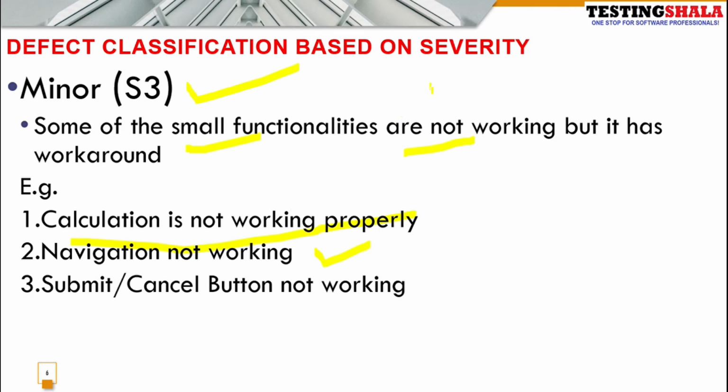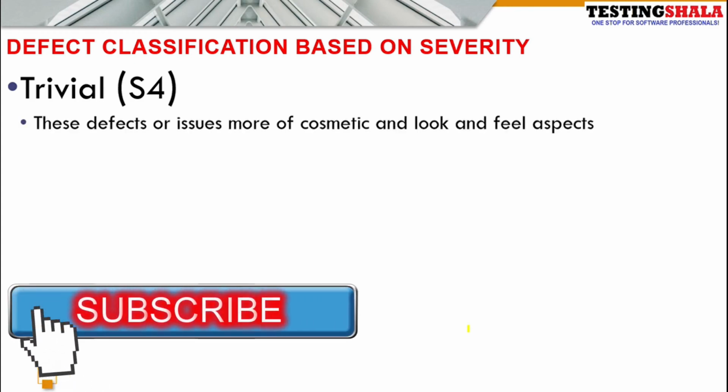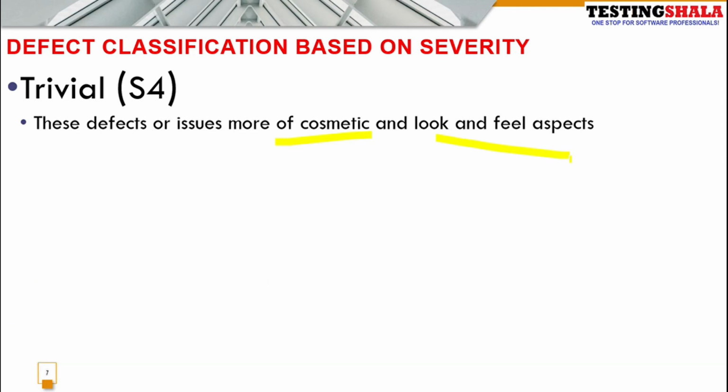Then the fourth type of defect, which is trivial, is nothing but the S4 defect. These are more cosmetic issues or look and feel issues. Even if we do not fix these issues, we can still deliver the application or product to the customer. Some examples of trivial severity defects are: first, font size is not correct.